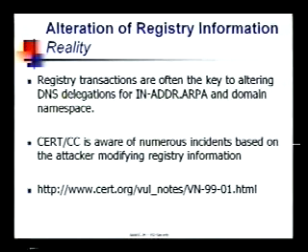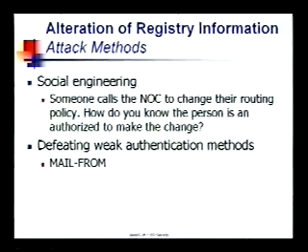This type of use of registry information can certainly be used to execute those types of attacks through social engineering. We published a vulnerability note on this in 1999. And it still hasn't been sufficiently addressed as far as we're concerned.